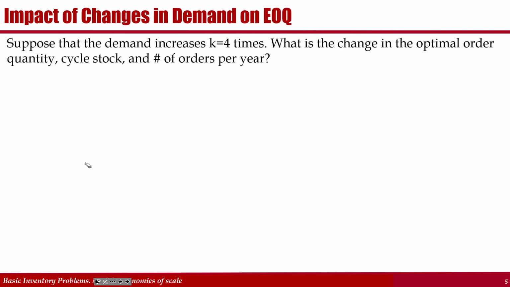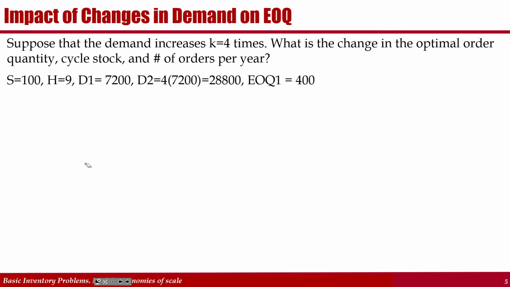Here I want to show the impact of one of the parameters on EOQ, the impact of change in demand. Suppose demand gets quadrupled. What is the change in the optimal order quantity, cycle stock, and number of orders per year? So I have these data. The only difference is now demand is 4 times of what it was before. And our previous EOQ was 400.